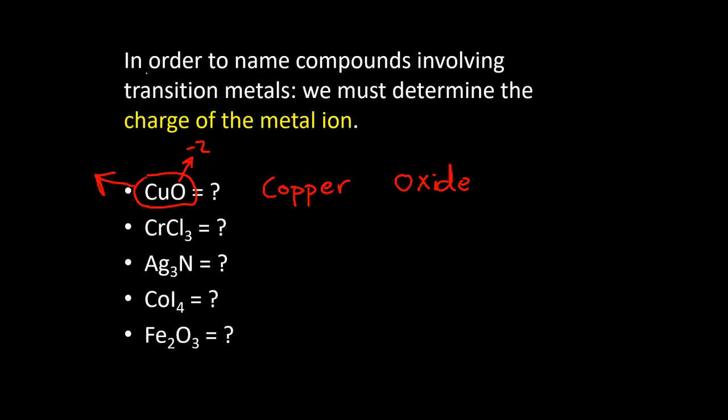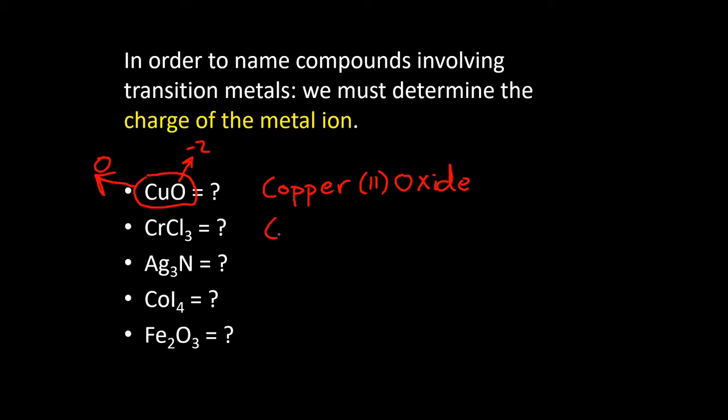The charge on this must be 0. So if the whole molecule has to be 0, and we know the oxygen is -2, that means that the copper must be +2, as the only charge it can have, and give the molecule a net 0 charge. So this would be copper 2 oxide.